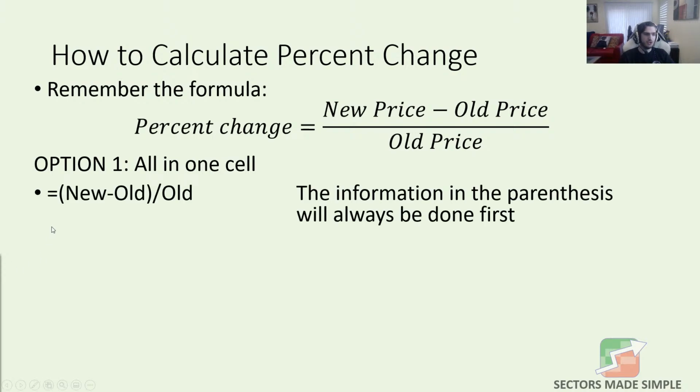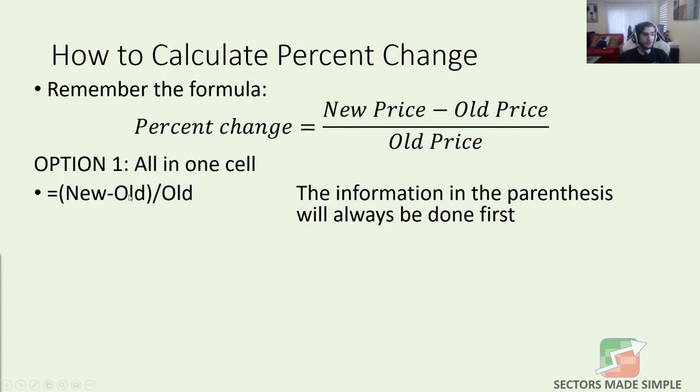So the way you would do it is you would do equals, and then we need those parentheses again. Not because it's a formula, but because anything in the parentheses we do first. It is the most important part of the entire thing. So we do that first.